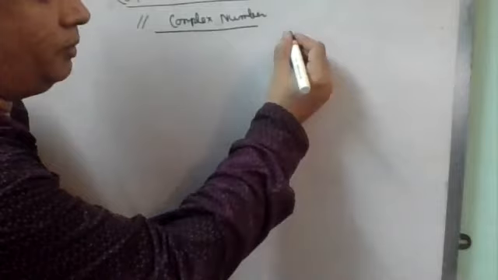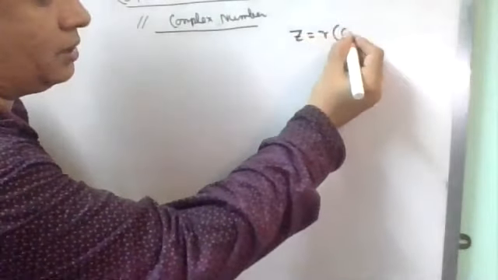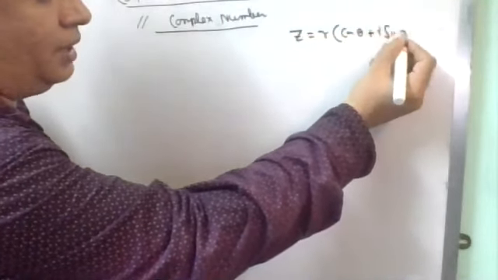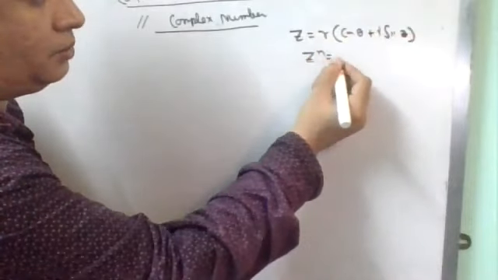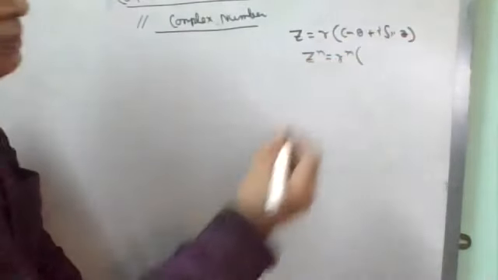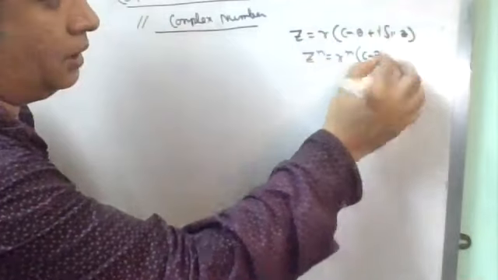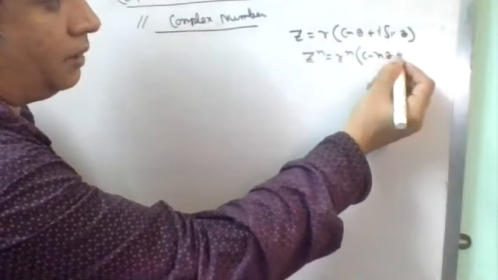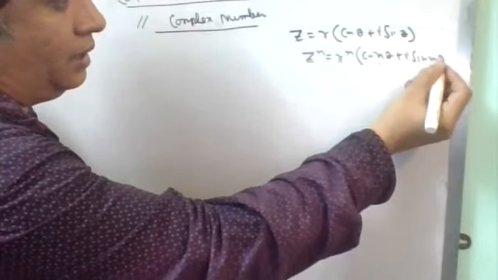Till now we have got de Moivre's theorem. If Z is equal to cos theta plus i sin theta, then Z to the power n is cos n theta plus i sin n theta.